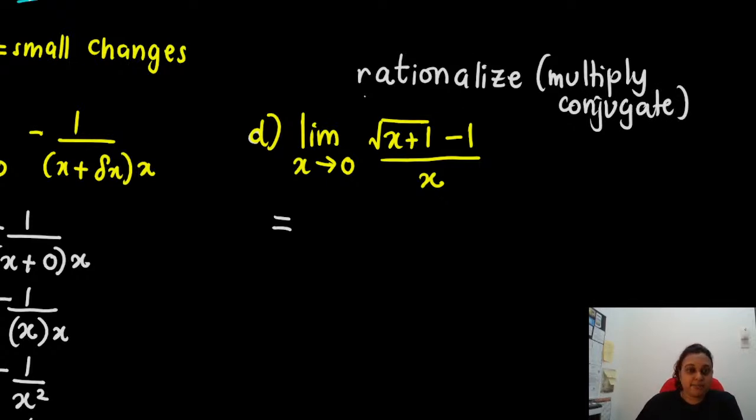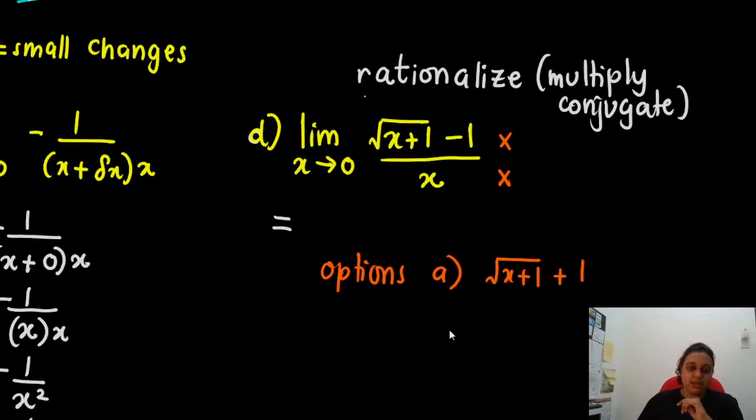So how to multiply by the conjugate? What will be the conjugate for this? I give options here, let's see if you all are correct. Option A: square root of x plus 1, plus 1.